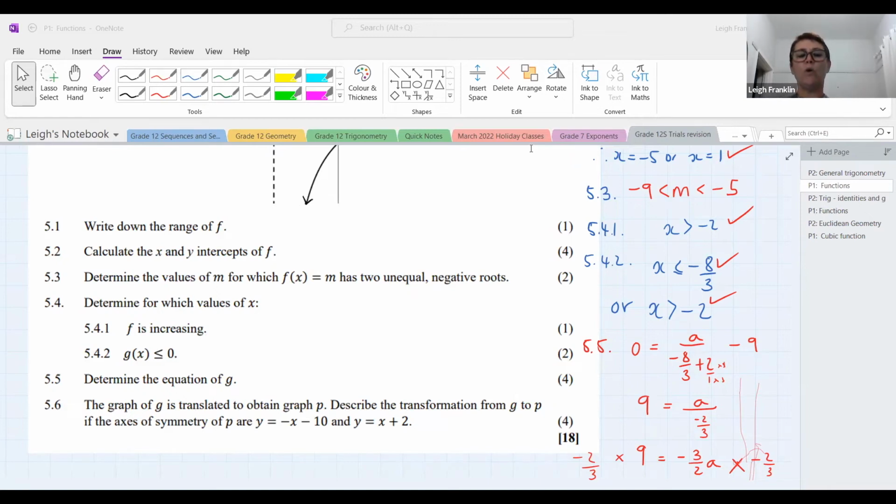Right? Well, what do you know about the axes of symmetry of any hyperbola? What do you know about the axes of symmetry? Can you describe what they look like? What do they do?